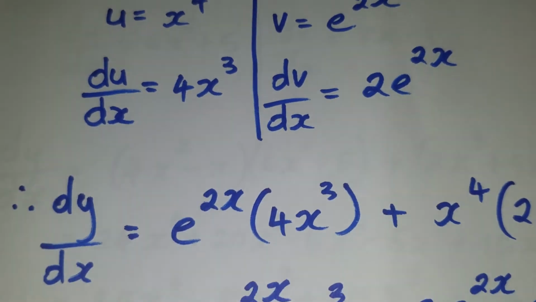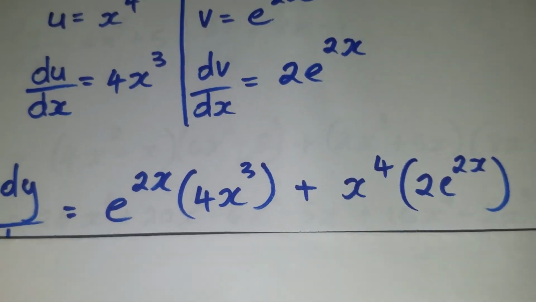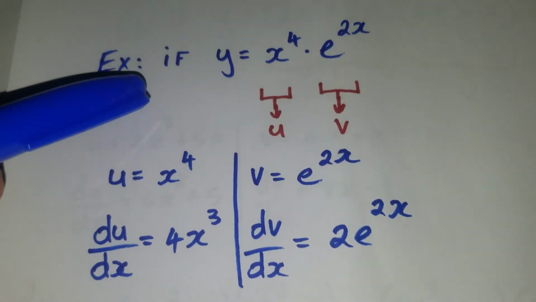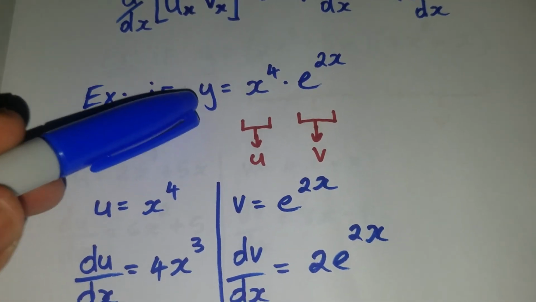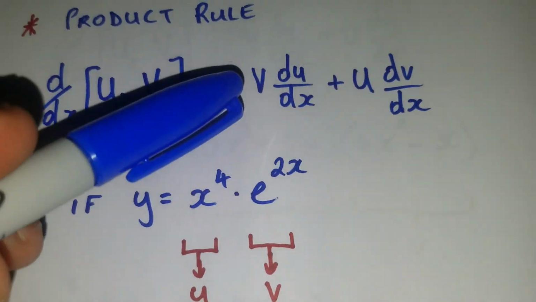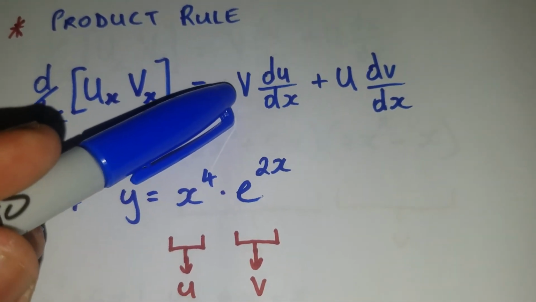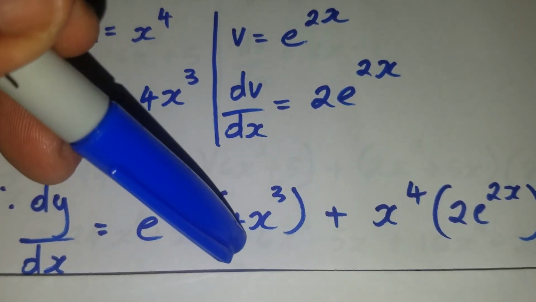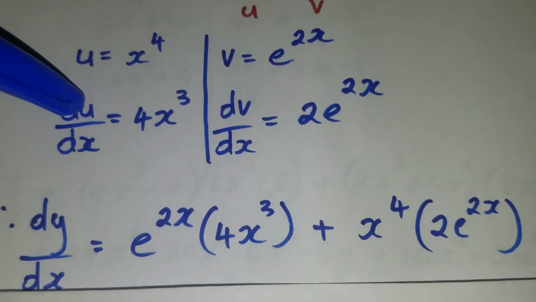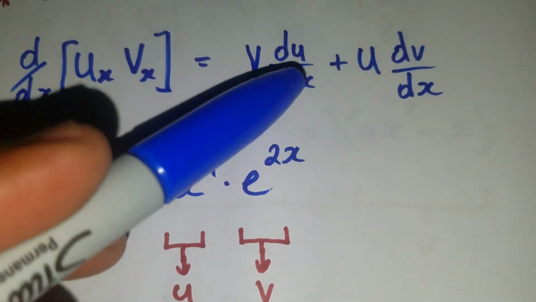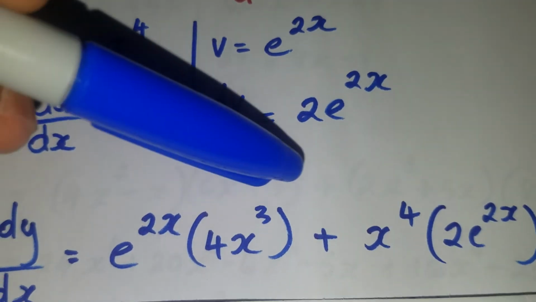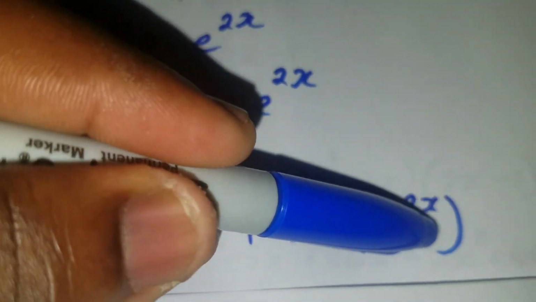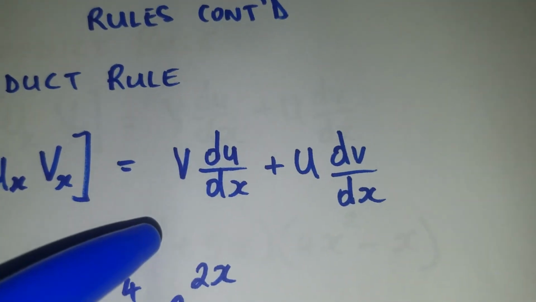Now, moving further, if we want to differentiate the function y with respect to x, because remember, y is the function, we have to follow the product rule, v times du dx. v would be e to the 2x multiplied by du dx, which is 4x cubed, plus u, which would be x to the 4th multiplied by dv dx, which is the differential of v, as you can see here.